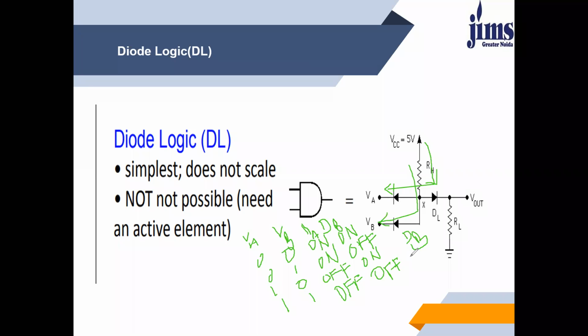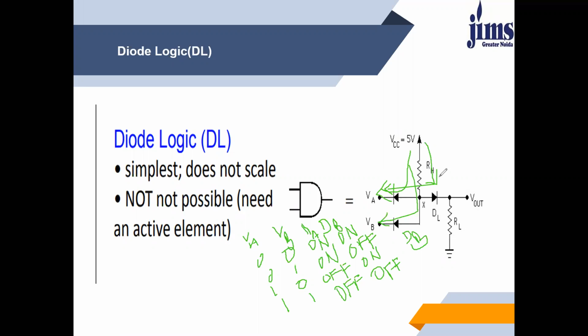But what happens when 0, 1 comes? If 0, 1 comes, then DA will give a path to flow a current, but DB will be off. But the output will be 0, because the whole value of current will pass from here, meaning 5 volt to VA.